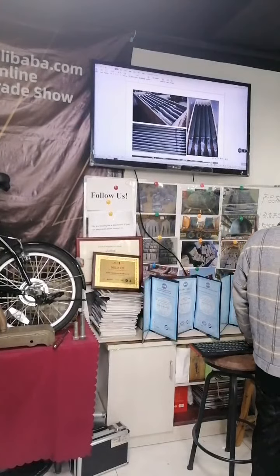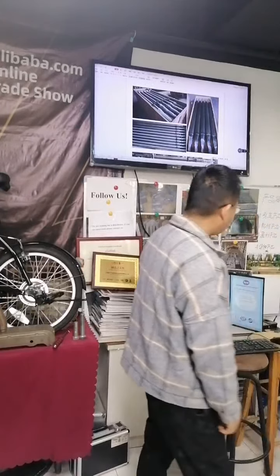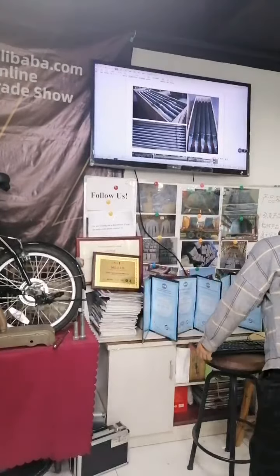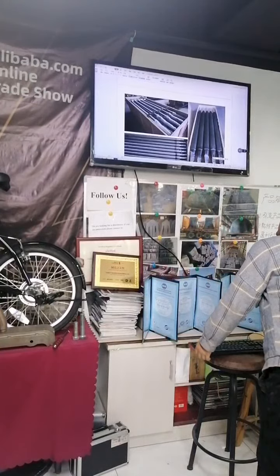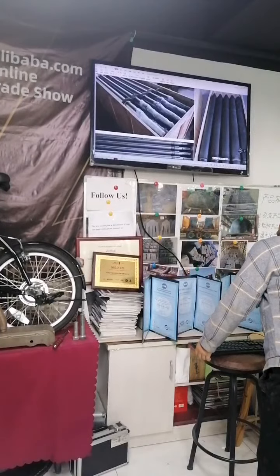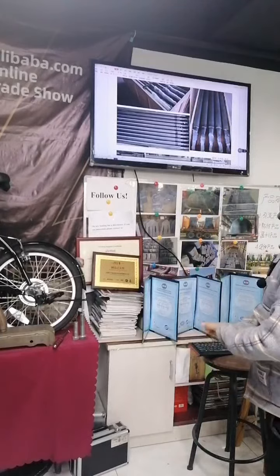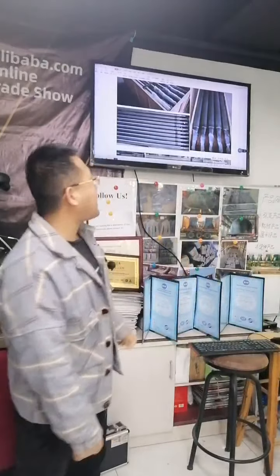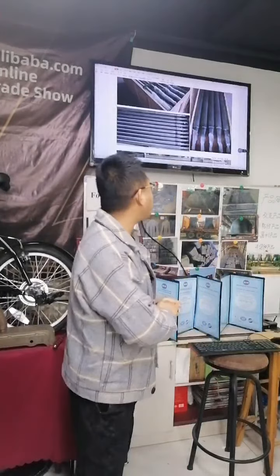And our another picture like this. This also is very small, and the OD size is 15 and the ID size is 16 millimeters, and the long size is more than 1,200 millimeters, and this material is 1.865.